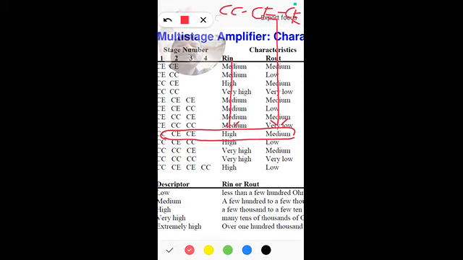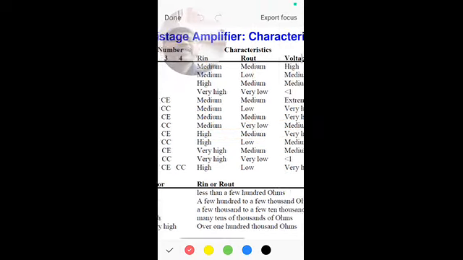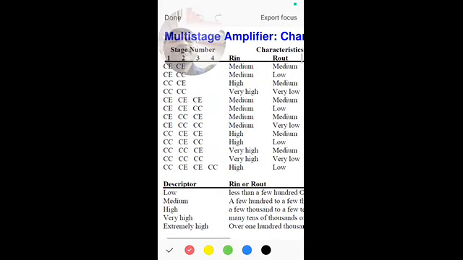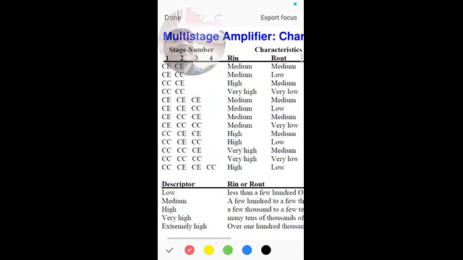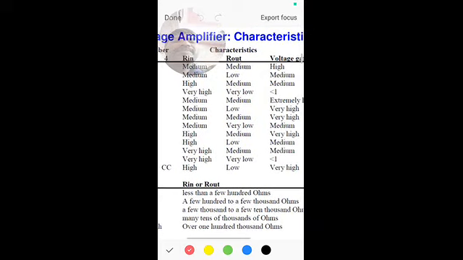And in the second and third stages we have CE amplifiers whose gain is high, so we are going to get a very high voltage gain with this configuration.